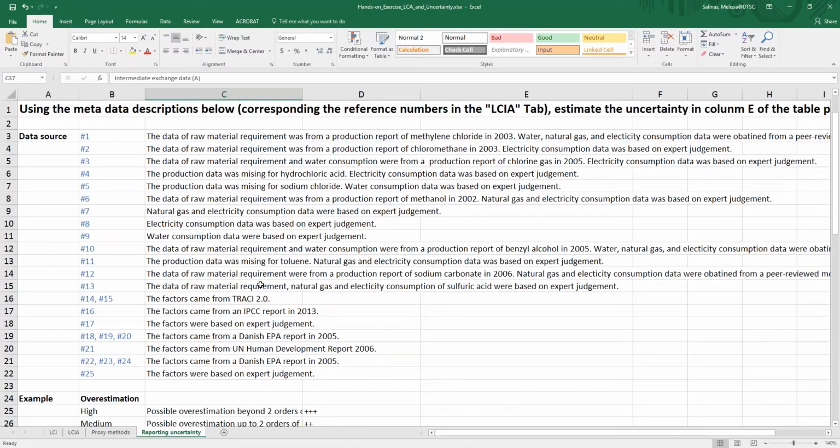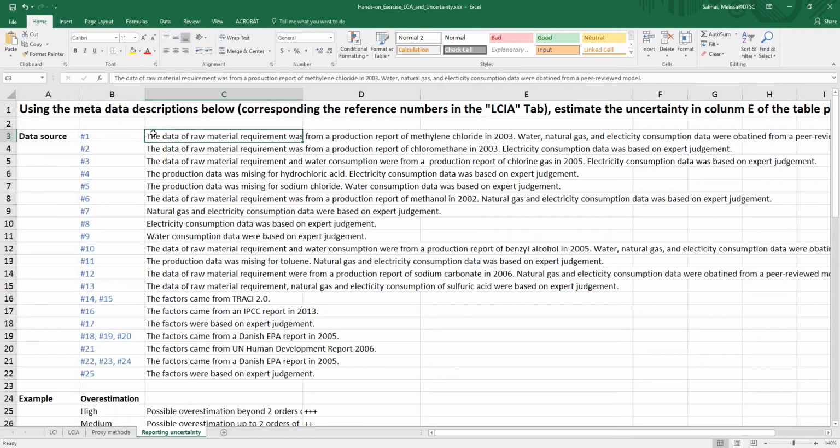Here we go. If you scroll up, these are the numbers. These numbers represent particular data sources for particular information that was presented in the A matrix, B matrix, or characterization factors, etc. And these are the descriptors, the explanation of this particular data source.